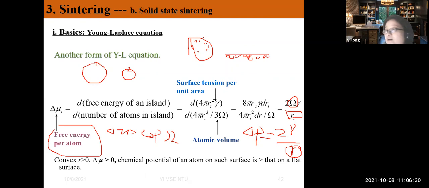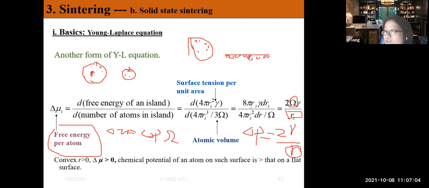If I have two particles, both full of atoms, we know that for each of them the free energy per atom is inversely proportional to R. So the atoms in the bigger particle will have lower free energy compared with the atoms in the smaller one. So it's inversely proportional.